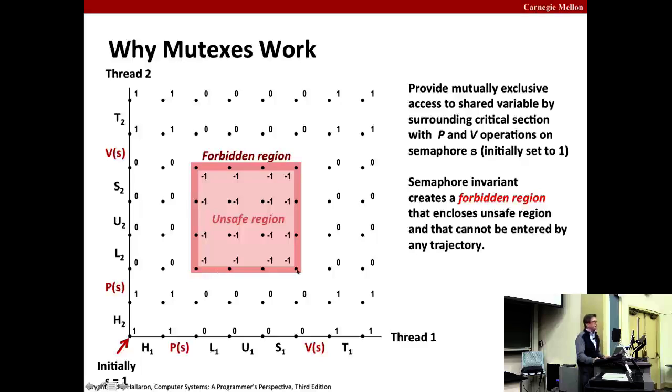They can never be reached by the definition of P and V. So this forms a forbidden region around the unsafe region, and in doing so provides mutually exclusive access to the critical sections in each thread. This is the fundamental reason why P's and V's can be used to provide mutually exclusive access.